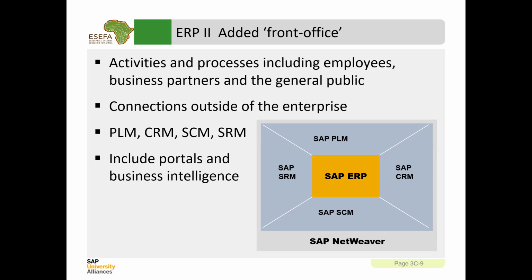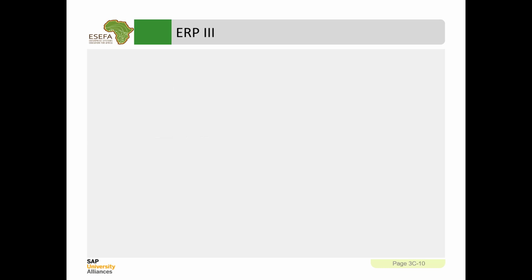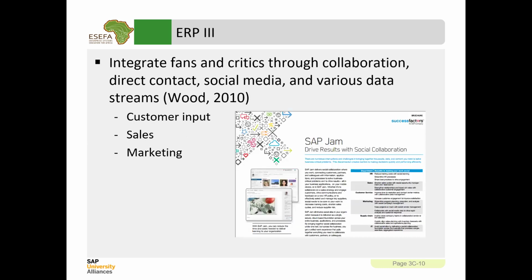So include portals and also business intelligence. So ERP3 now integrates fans, integrates critics, as we said, through collaboration, direct contact, social media, and various data. So beyond the vendor, beyond the customers that we have direct relationship with, beyond your logistic company that helps you, there's also the public aspect of it.